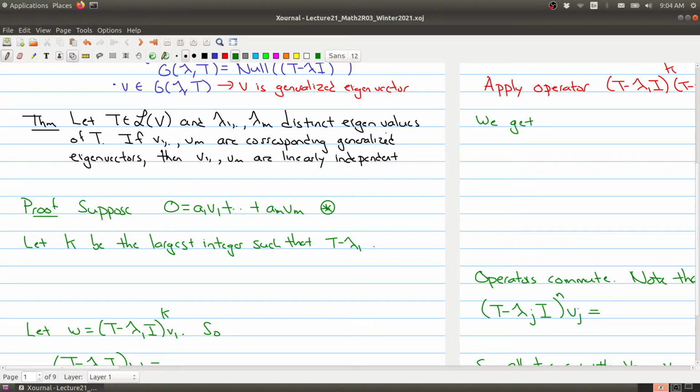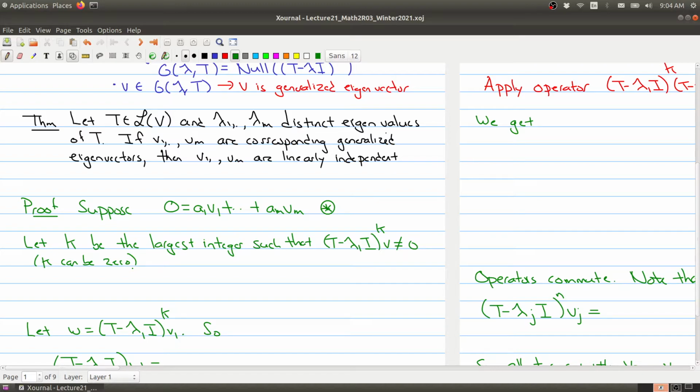(T minus lambda 1 I) to the k times v1 does not equal 0. I want to point out that k can be 0.